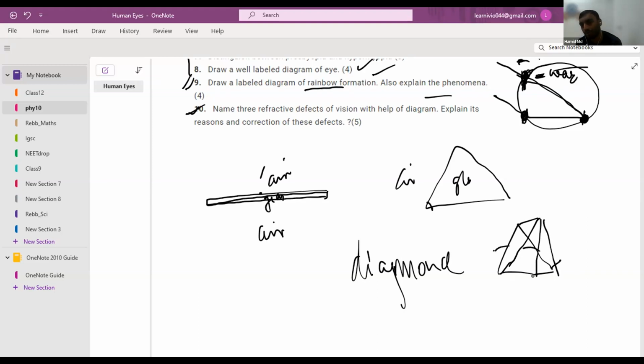Because of internal reflections, it gives us a different type of shine. So the way you were comparing, I don't think it's logical. Clear? Yes, sir. So again, you read and come to the conclusion.